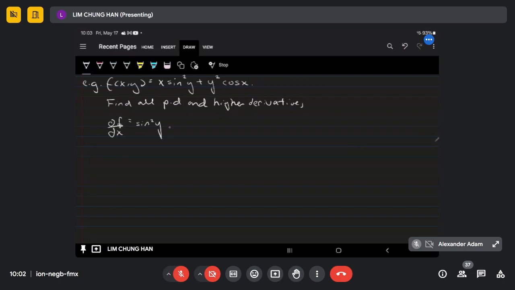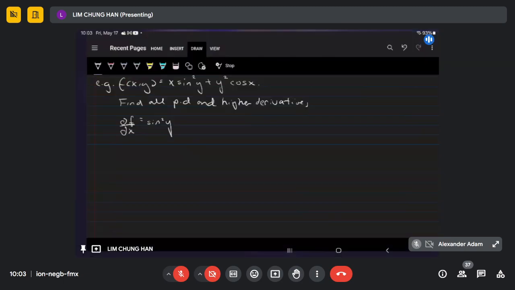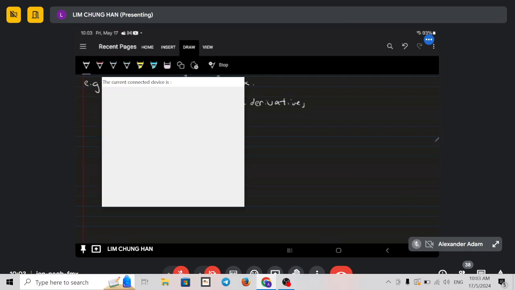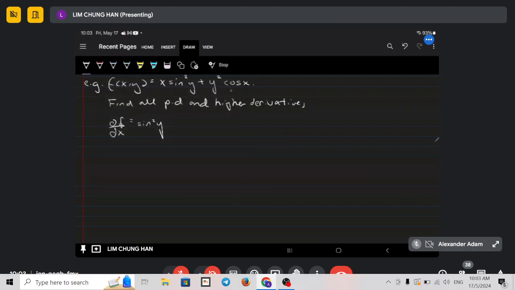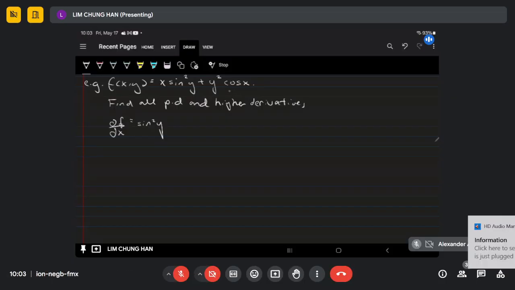And then anything else? The other side is y and x, so there must be something you need to differentiate because there's a cos x there. So you leave y as constant and differentiate cos x, right? What do you get when you differentiate cos x?